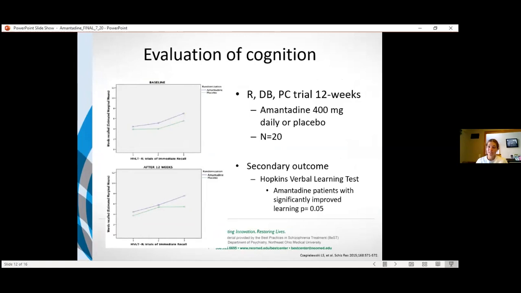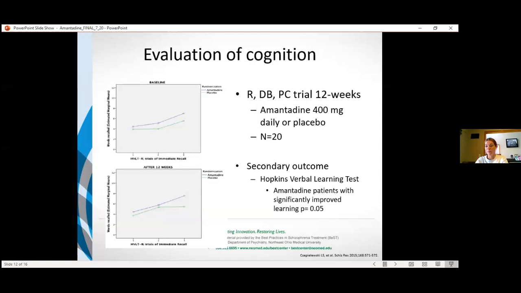They did use amantadine, 400 milligrams or placebo. Some of their main cognitive findings, there was no difference between the amantadine and the placebo. They did find some statistically significant improvement on the Hopkins verbal learning test. So patients on amantadine actually perform much better with some of the verbal learning and memory.